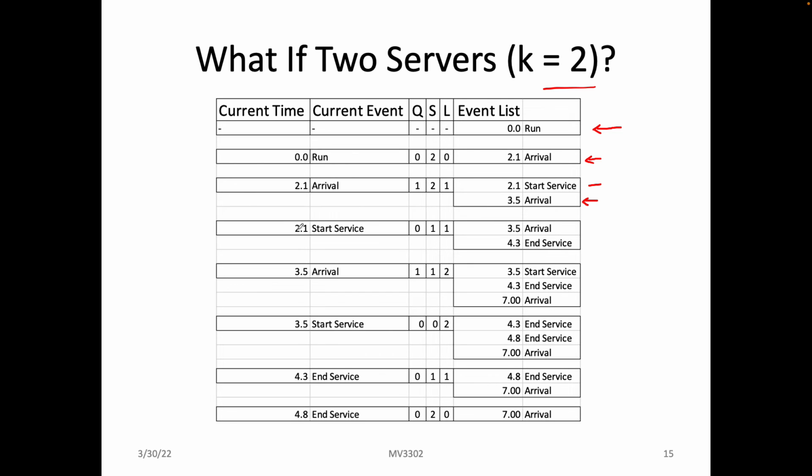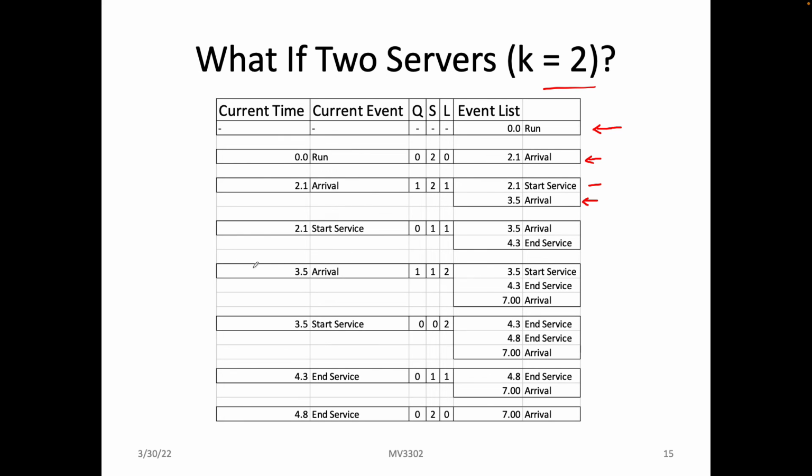So now at time 2.1, we take start service off the event list and perform its state transition: Q goes from 1 to 0, S goes from 2 to 1. The next arrival is still there, and our end service is still at 4.3. So up to here, it's exactly the same.